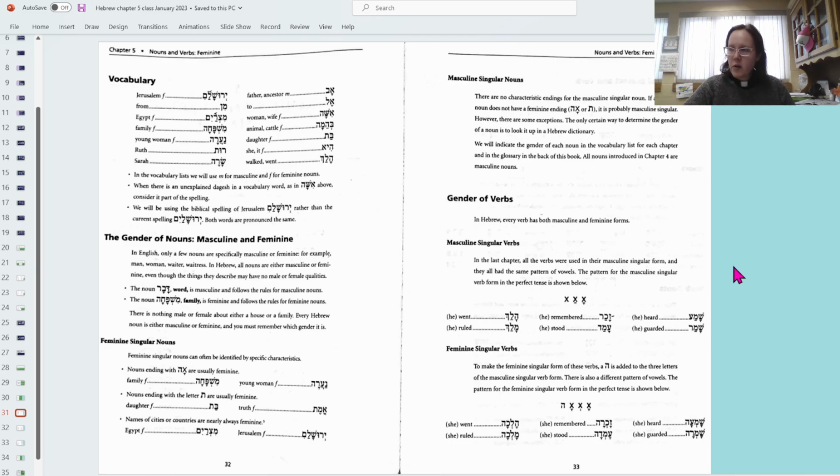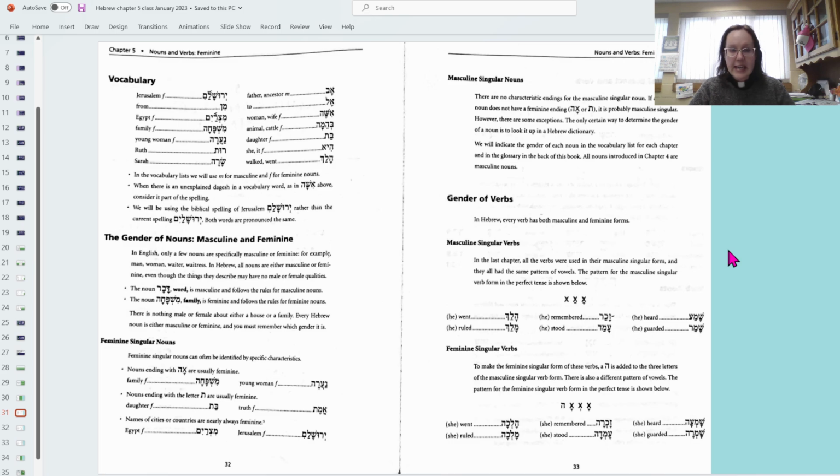Going on to the next page, there are no characteristic endings for the masculine singular noun. So if a singular noun does not have a feminine ending, it's probably masculine. They give examples. It's ah or tav that denotes most likely a feminine noun.